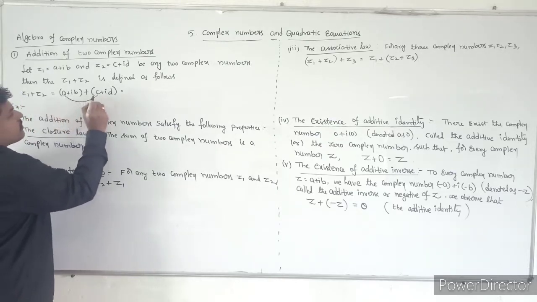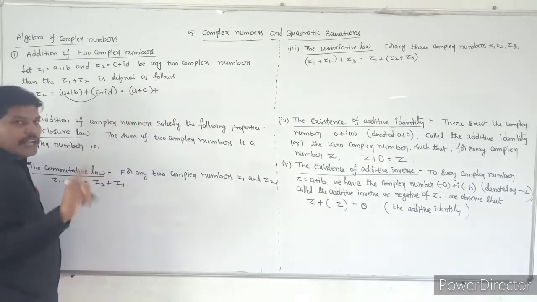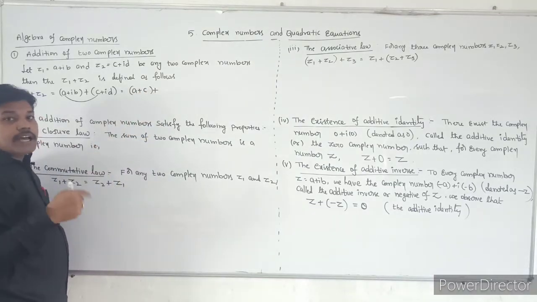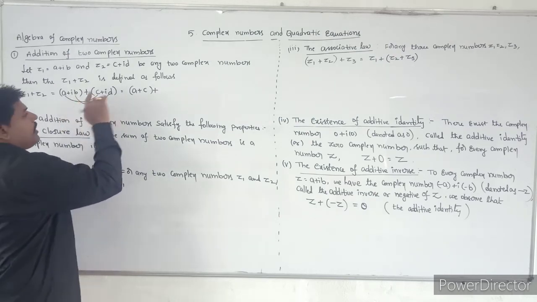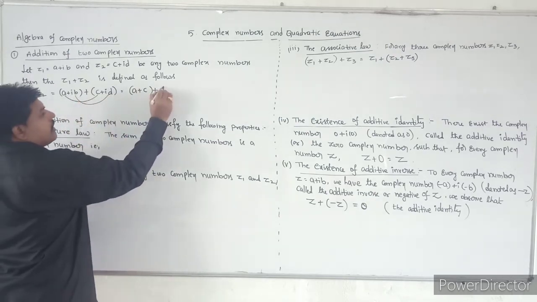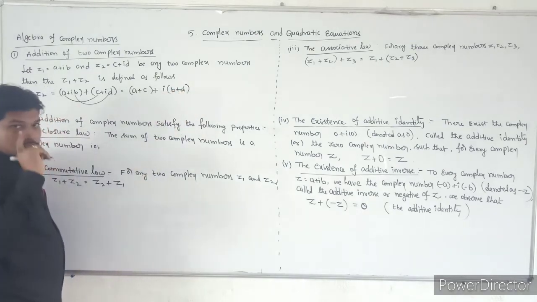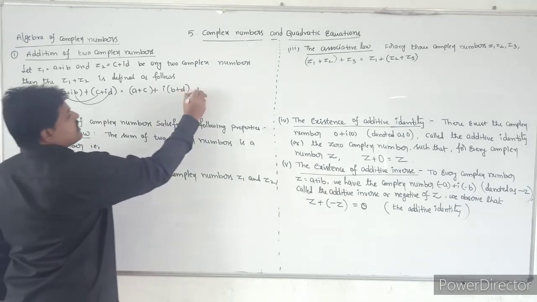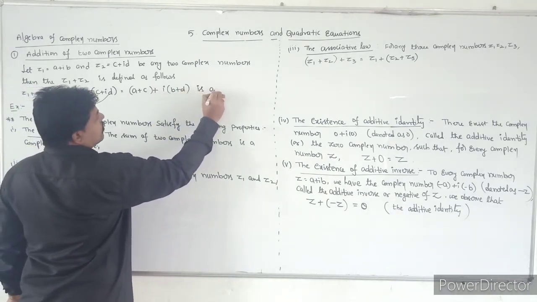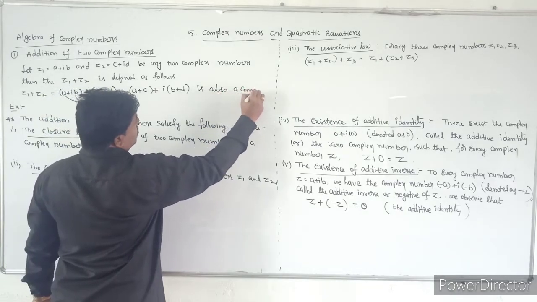Add the real parts first, that is a plus c. Next you have to add the imaginary parts, that is ib plus id. You can take the i out, it will become b plus d. So a plus c plus i into b plus d is also a complex number.